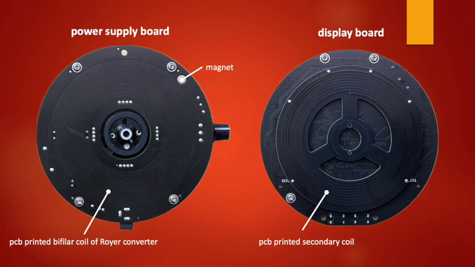Here is a view of the back of both boards. On the left side you see the power supply board with the printed coils of the Royer converter. You can also see the magnet that switches the Hall sensor of the display with each rotation. On the right-hand side you can see a photo of the back of the display board, an auxiliary board with the secondary coil of the wireless power supplies attached to it.